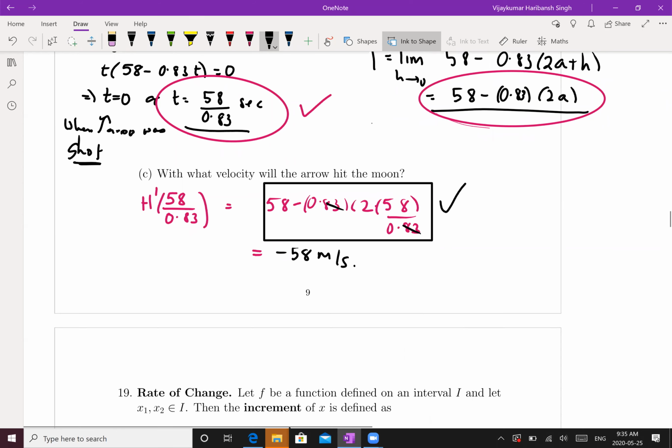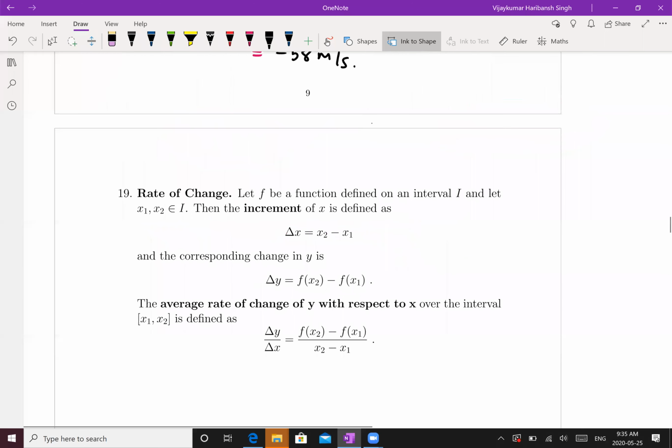Now there is another way to look at the derivative. Let f be a function on an interval I and let x1, x2 belong to I. Then the increment in x, if x changes from x1 to x2, is defined as delta x.